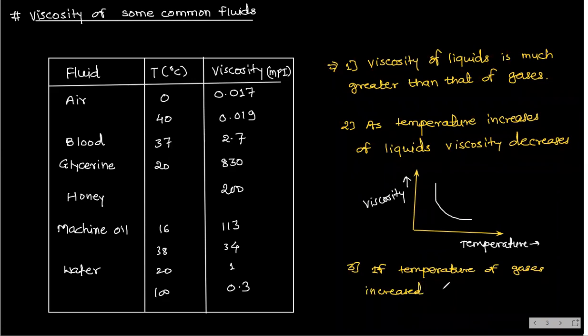Viscosity increases. You see here, in case of air, at 0 degrees you have 0.017, and at 40 degrees you have 0.019. So with increase in temperature, viscosity increases for gases, whereas for liquids it decreases. Got it? Understood? So note this down.